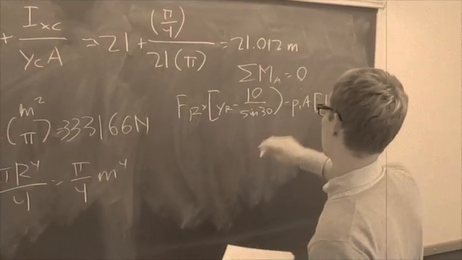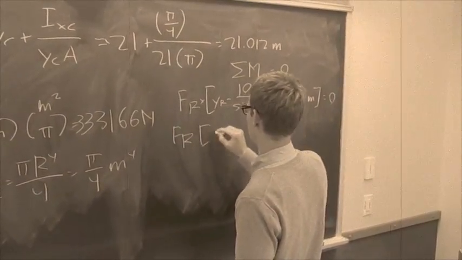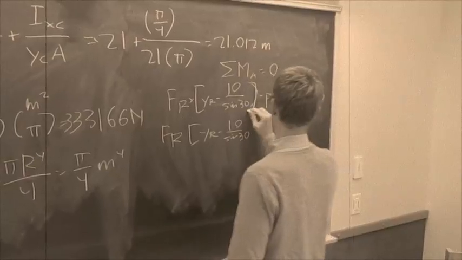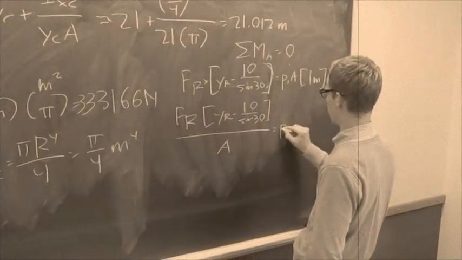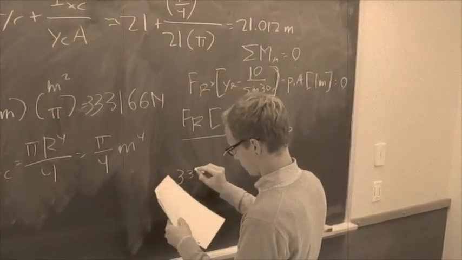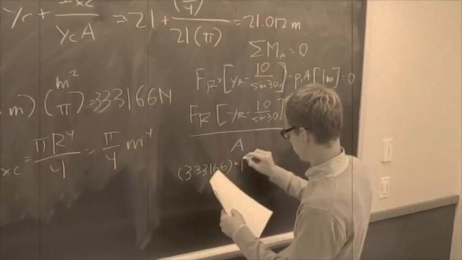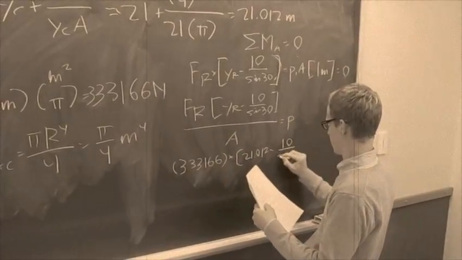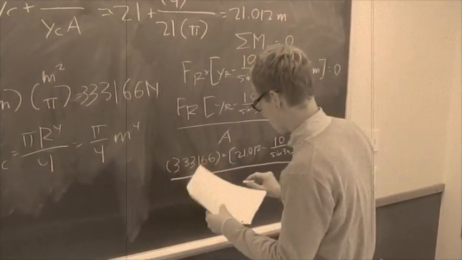From here you know Fr, you put them on opposite sides, so it ends up being Fr times Yr minus 10 sine 30, all divided by A is equal to P1, once you put that on the other side and then divide by A. So knowing these values, you get 333.166 newtons times 21.012 meters minus 10 sine 30, all divided by pi.